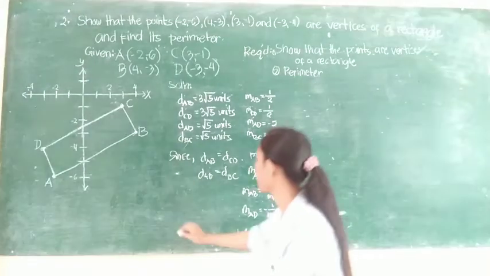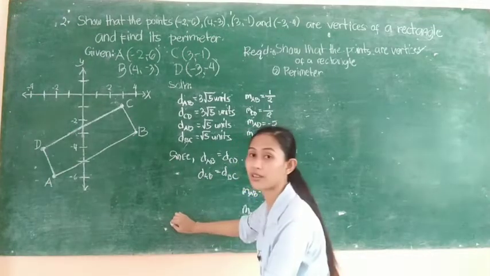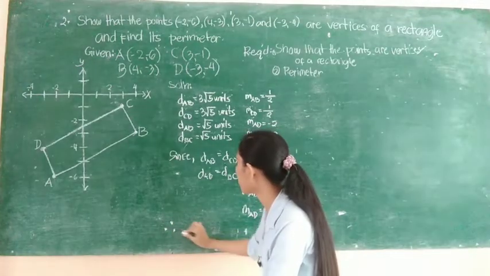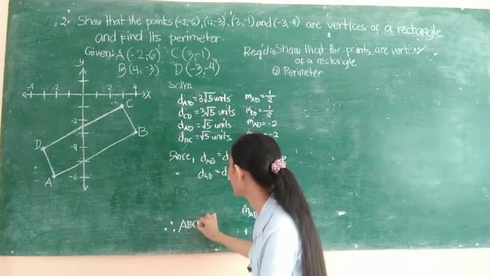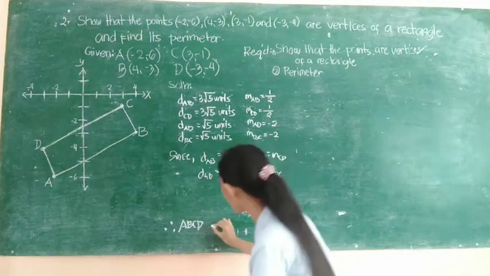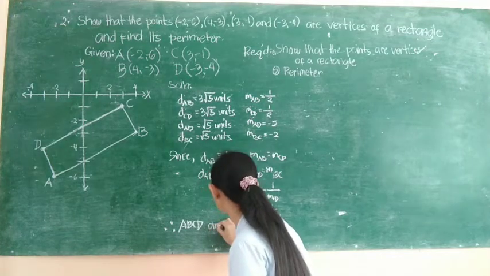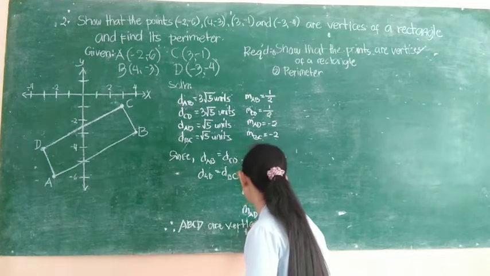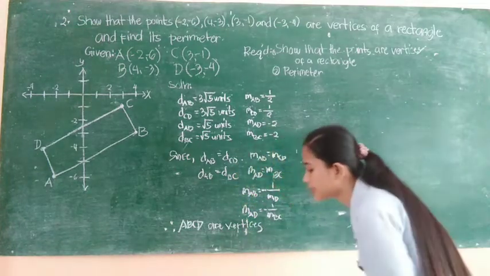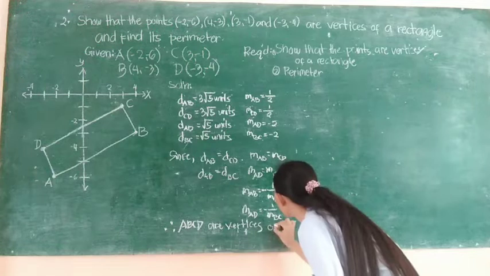Therefore, the points A, B, C, and D are vertices of a rectangle.